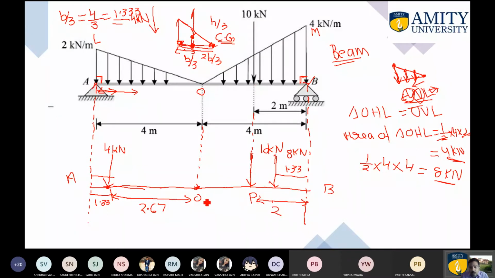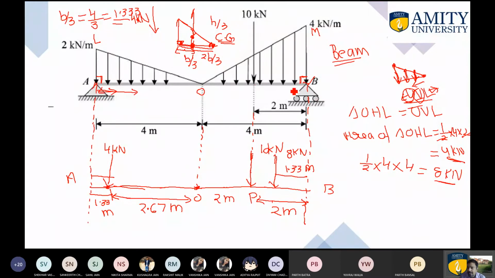Total is 4. So this particular distance from O to P will remain as 2. So this is 2 meter, this is 2 meter, this is 1.33 meter, this is 2.67 meter, and this is 1.33 meter. Now the question says that you are required to calculate the support reaction.